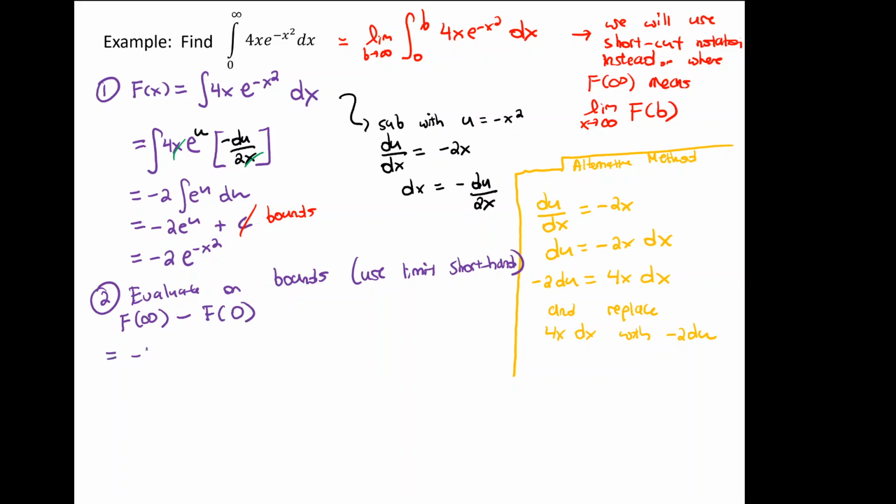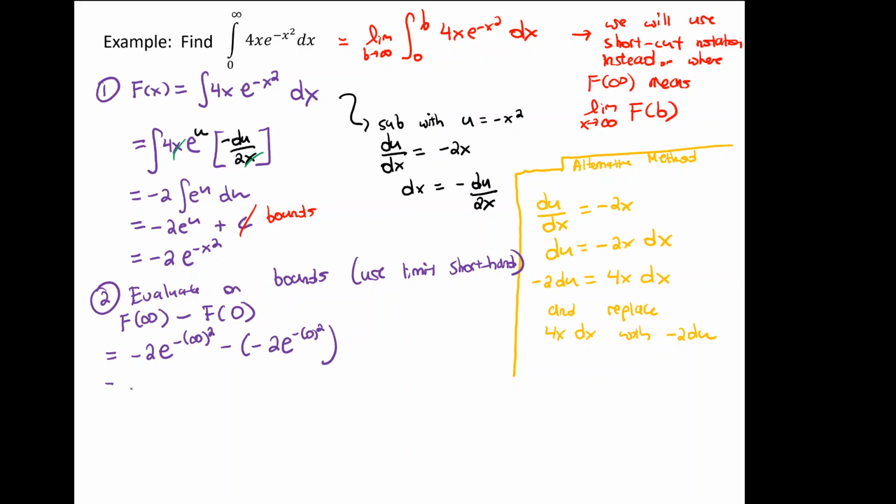So negative 2e to the negative infinity squared. Keeping in mind that the negative sign is outside the squaring operation. Only the infinity is being squared, not the negative. Then minus negative 2e to the negative 0 squared. And again, it doesn't really matter here since it's 0, but that negative there is not being squared either.